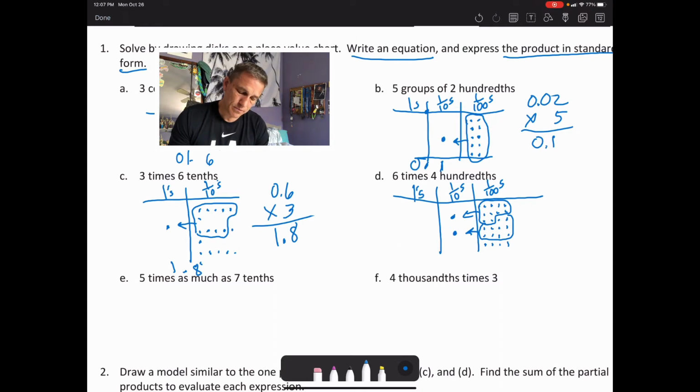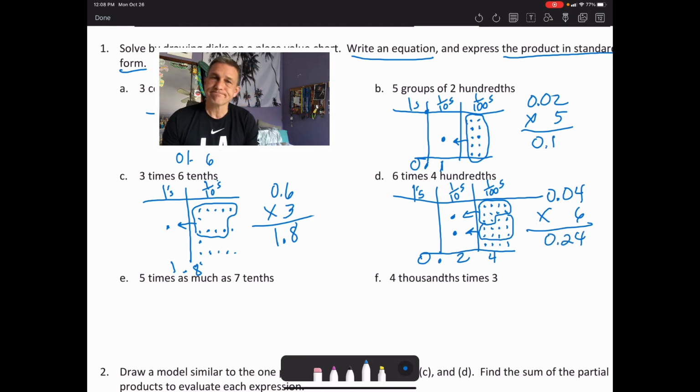And so I have 0 ones, I have 2 tenths, and I have 4 hundredths. So my product is 24 hundredths. 4 hundredths times 6 equals 24 hundredths.